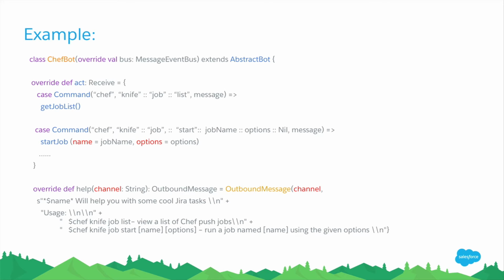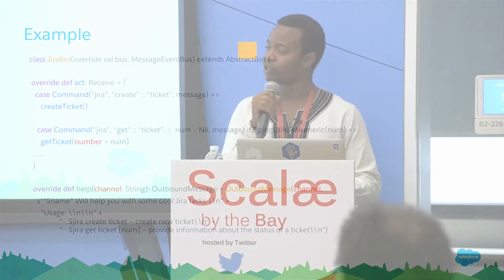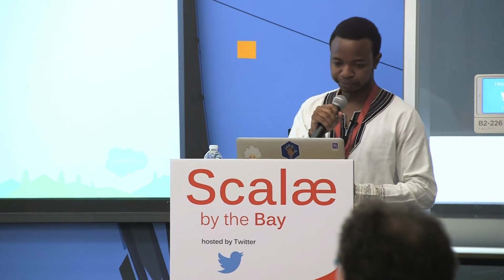You can do case command chef job start, and so on, for multiple jobs. Then the last method is the def, which gives the user the expected input of how they want to use the system. And we can do this also for Jira: create another bot, define a bunch of actions and whatever you need to do.